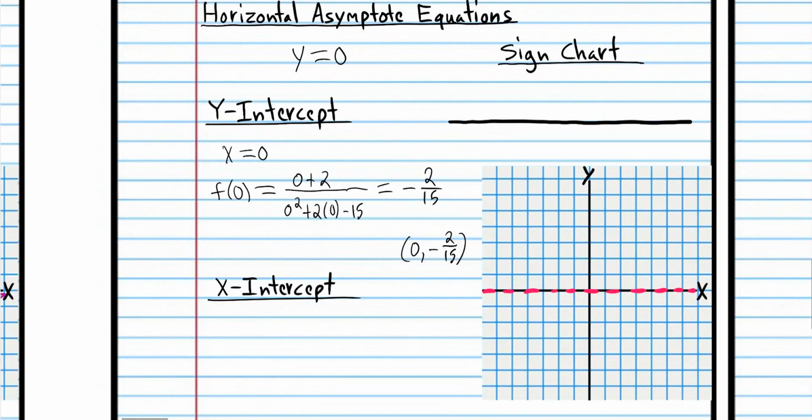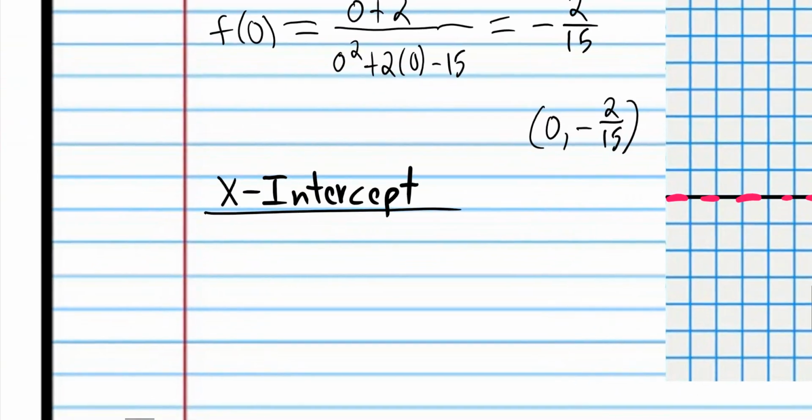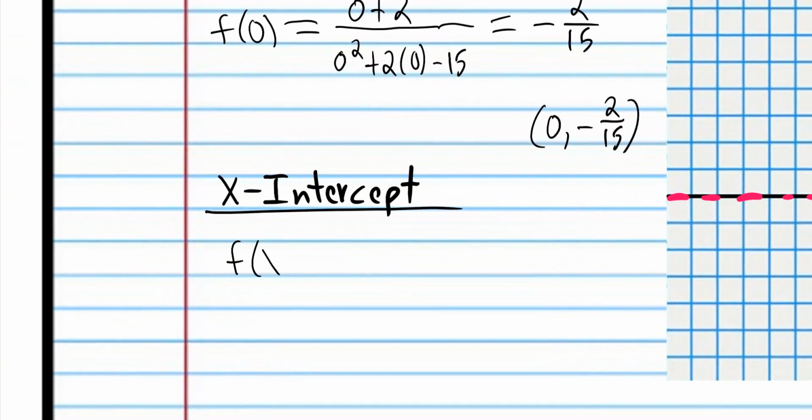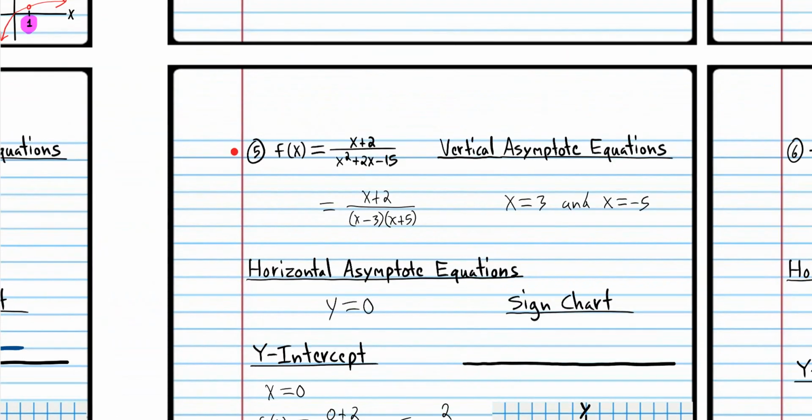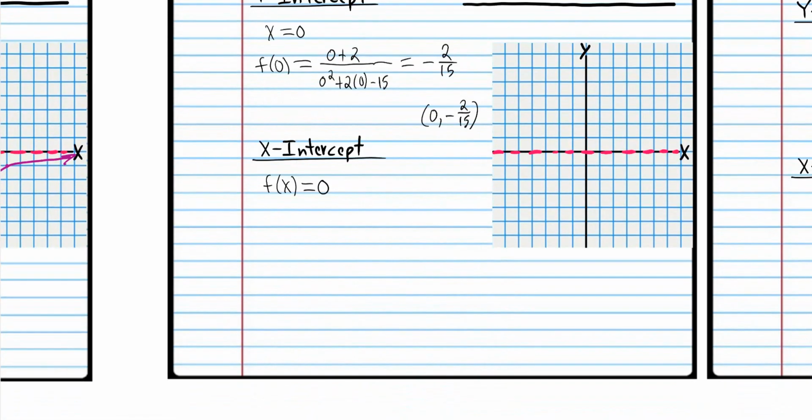And to find the x-intercept, we let the y value be 0. Remember, f of x is the same thing as the y value. So we need to solve this equation.